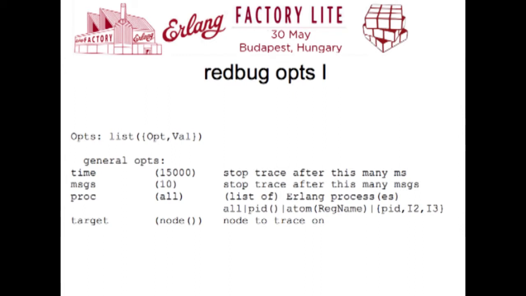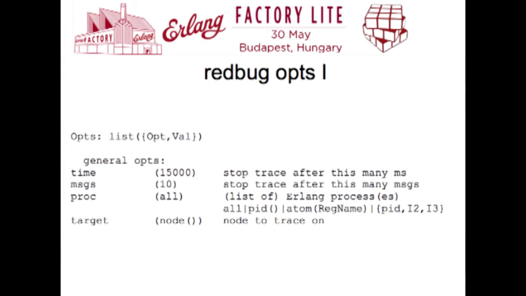Alright. So the safety of Redbug is that it will always turn itself off. You can't make it go forever; well, you can, but it's not supposed to. Either it turns itself off after some time, 15 seconds by default, or after 10 messages in this case.